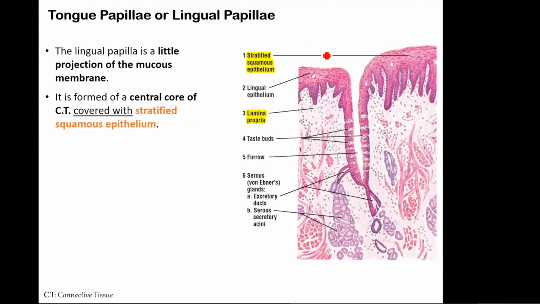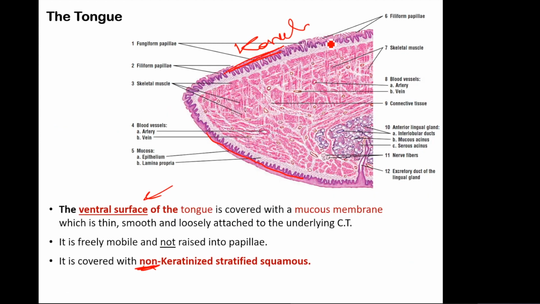Now, we noticed that there are projections here, and we said that these are tongue or lingual papillae. What are the lingual papillae? Look, guys, I would like to remind you that this is mucosa, and this is epithelium at the end of the day. This epithelium is supported by the lamina propria that you see here, and you see the lamina propria invaginates the epithelium upward.